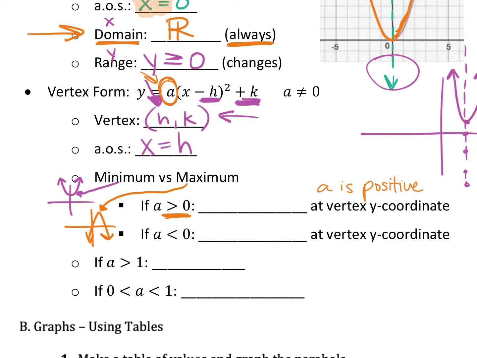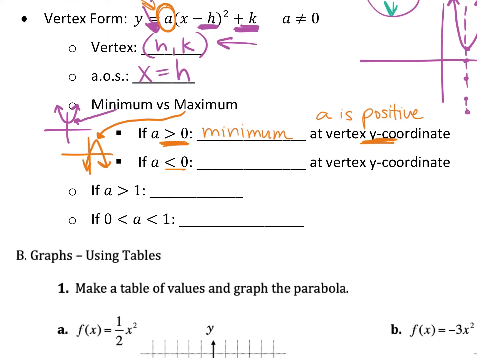So if your A is greater than 0, you have a minimum at your vertex Y coordinate. So whatever your vertex was, your minimum is the Y value. Okay, and this will all make sense once we start laying it out with actual numbers. That means if your A value is less than 0, so if your A value is negative, then you're going to have a maximum in the problem, and it will be your Y coordinate again.